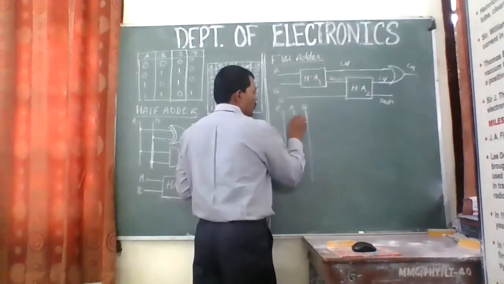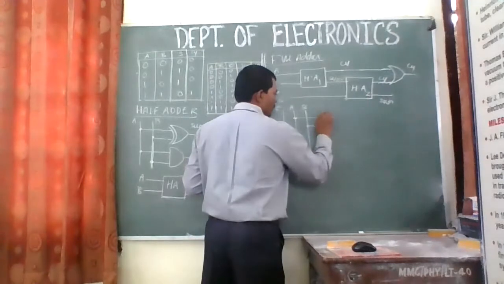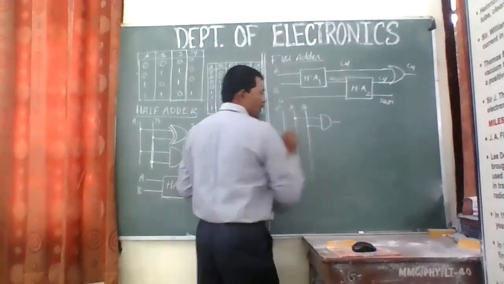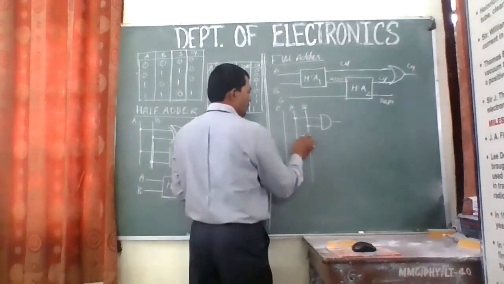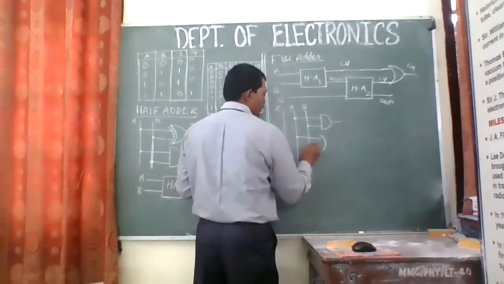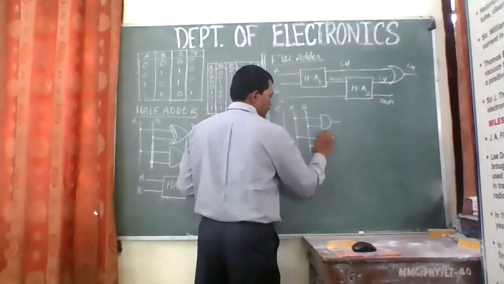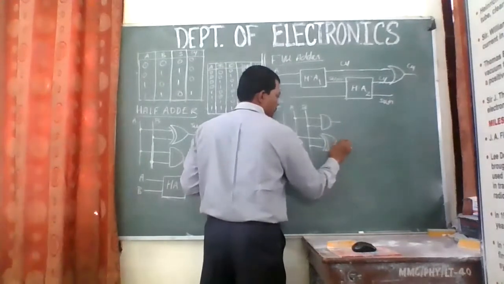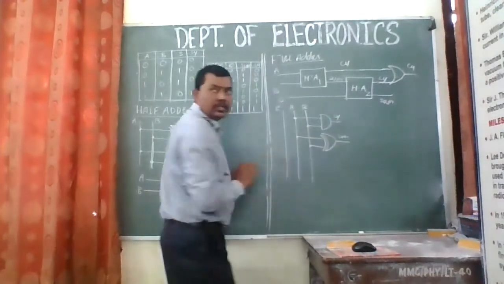So I'll be using this to, first I will make an AND gate like this. So this is the gate, and second I will be again using this to an XOR gate. This is sum and this is carry.